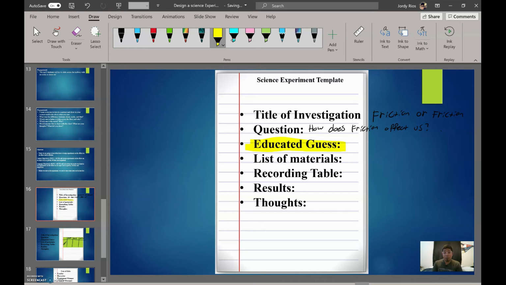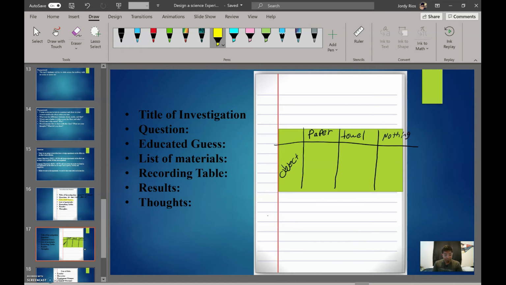Next, you're gonna have a list of materials. What materials are you going to use? Then we're gonna have a recording table, and the recording table for this one is gonna look like this. You're gonna have your object, whichever object you choose.